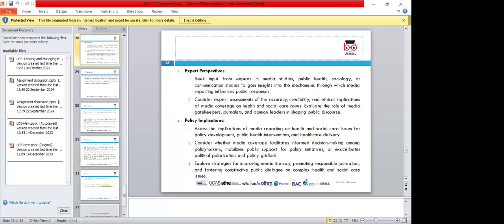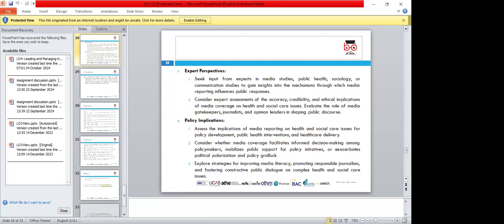Expert perspective. Seek input from experts in media studies, public health, sociology, or communication studies to gain insight into the mechanisms through which media reporting influences public responses. Consider expert assessment of the accuracy, credibility, and ethical implications of media coverage on health and social care issues.